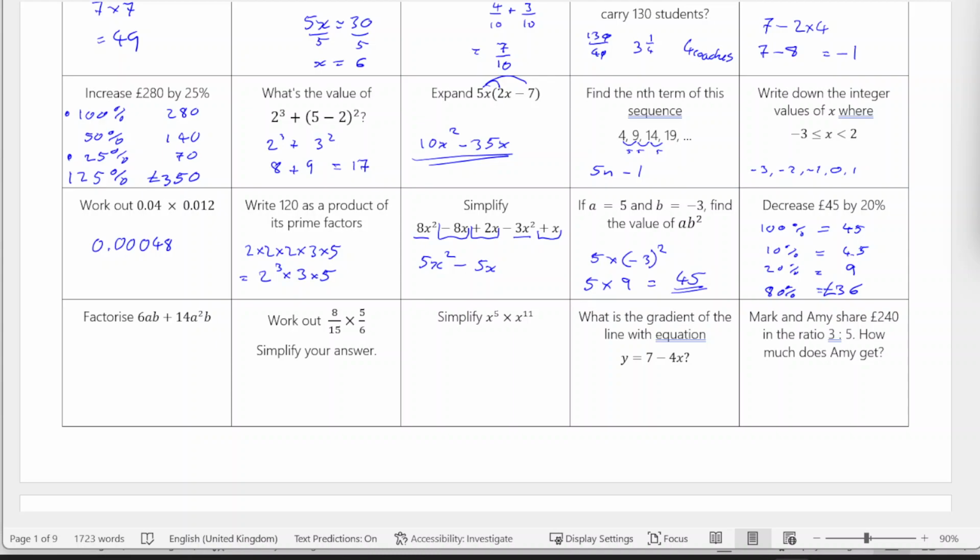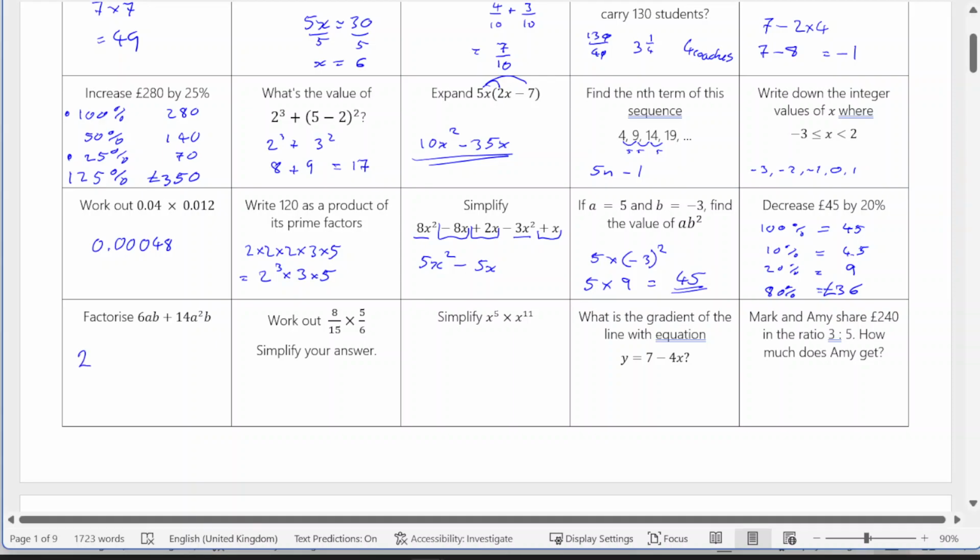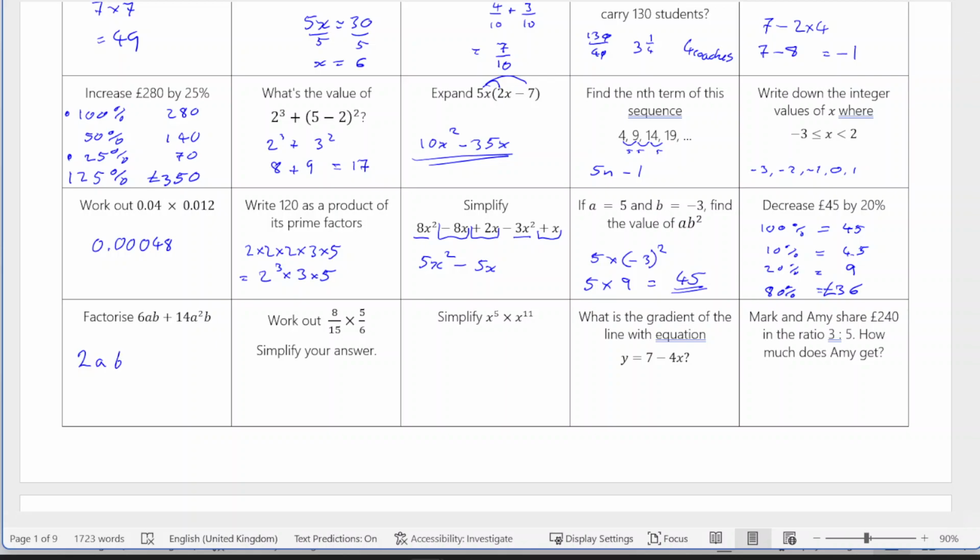Okay, final row, factorise 6ab plus 14a squared b. First of all, I'm going to find my highest common factor of 6 and 14, that's going to be 2. They also have a factor of a in common, and they also have a factor of b in common.